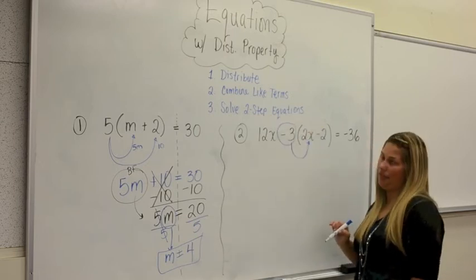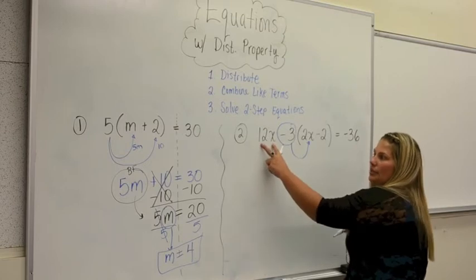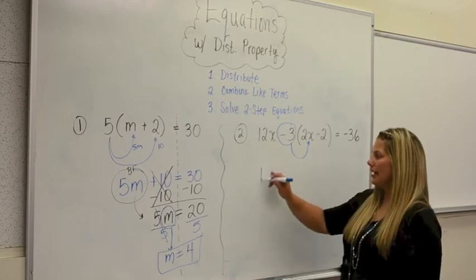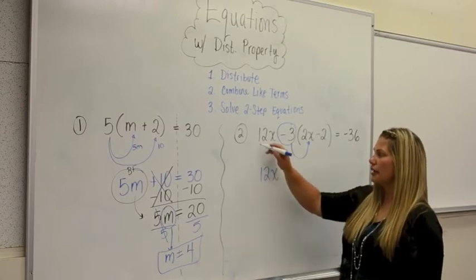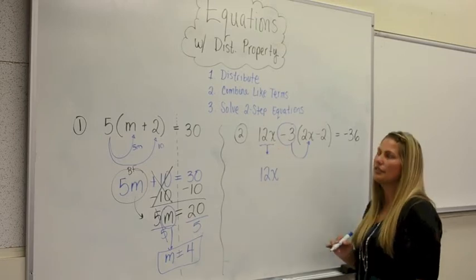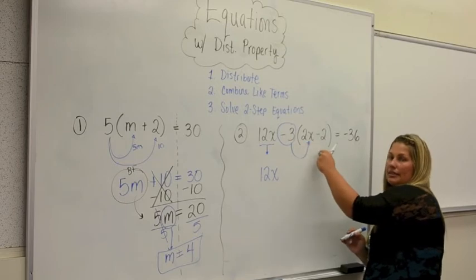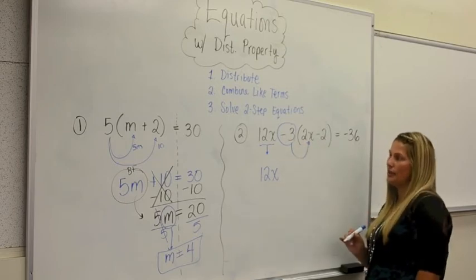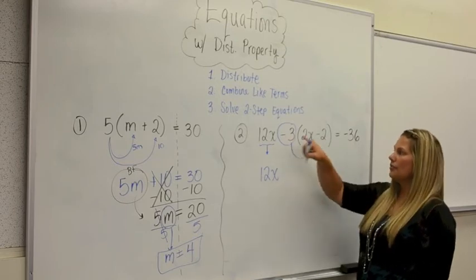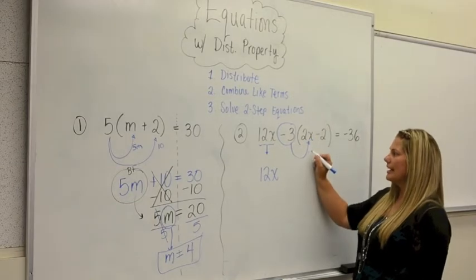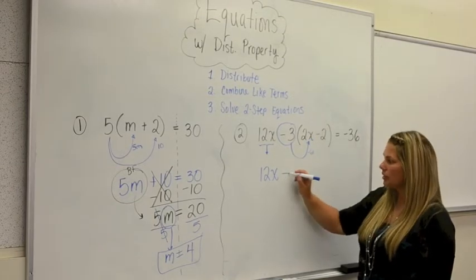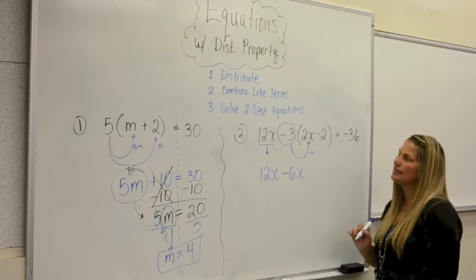It's a negative 3. So first thing I'm going to do is bring down that 12x, because that has nothing to do with my parentheses. I'm just going to bring that down for later. And I'm going to distribute the negative 3 to the parentheses, because negative 3 is touching those parentheses. So negative 3 times 2x is negative 6x. So I'm going to bring down that negative 6x.